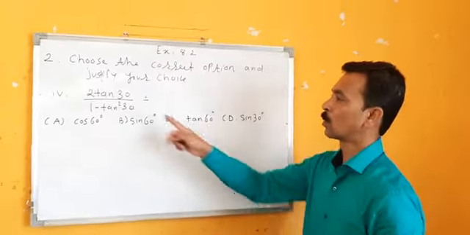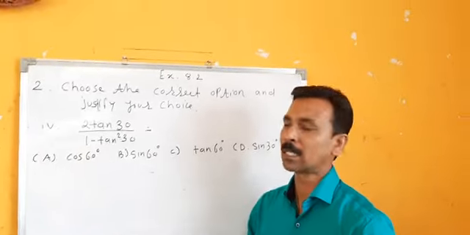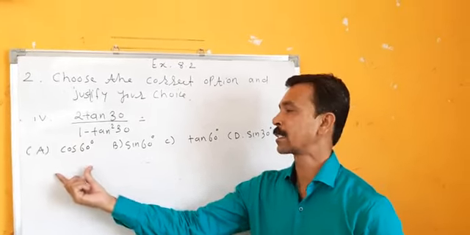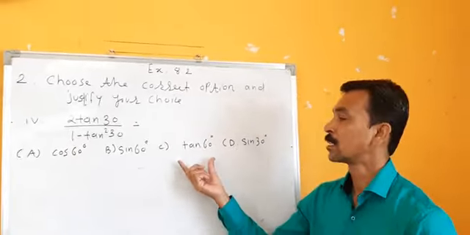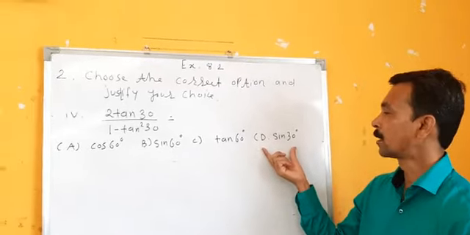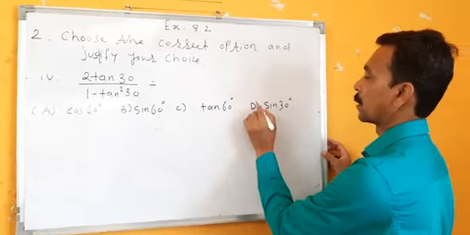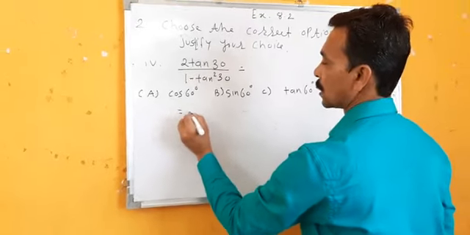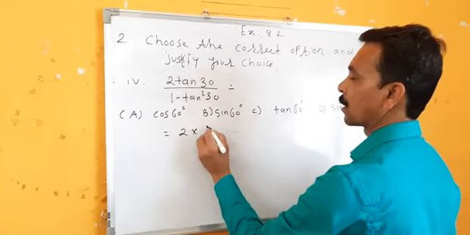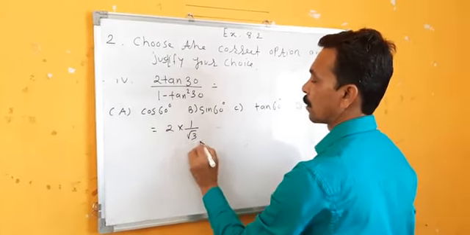Fourth is 2 tan 30 upon 1 minus tan square 30. The options are A cos 60, B sin 60, C tan 60 and D is sin 30. Okay, I'll place the values. 2 tan 30 means 2 into tan 30. What is the value of tan 30? 1 by root 3.